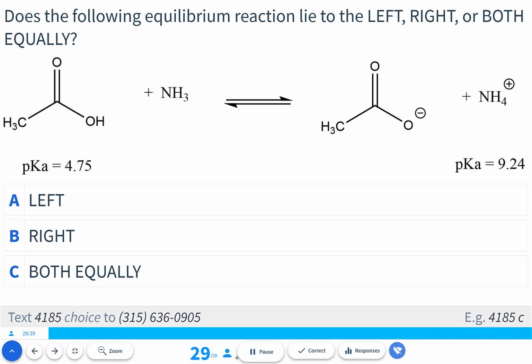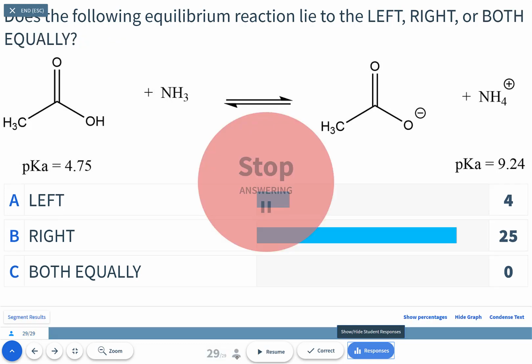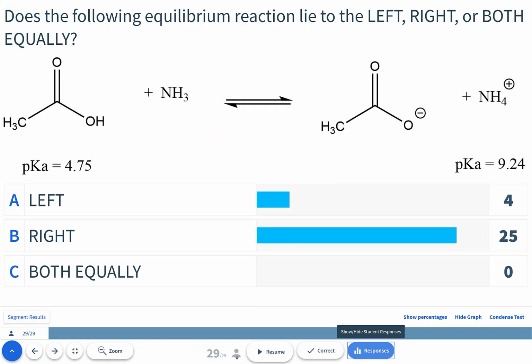Okay, let's see what this one looks like. Okay, equilibrium's pushed to the right.